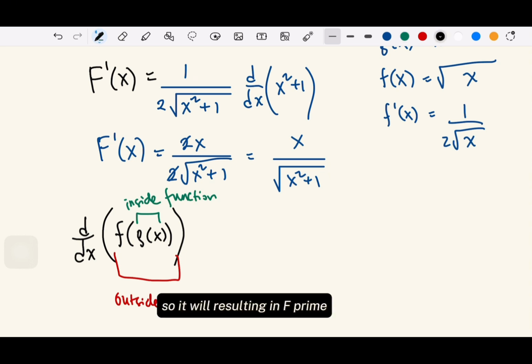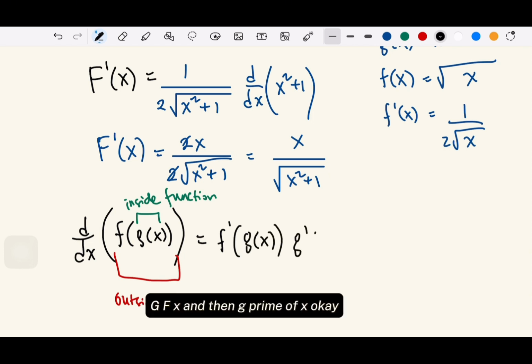So it results in f prime of g of x, and then g prime of x.